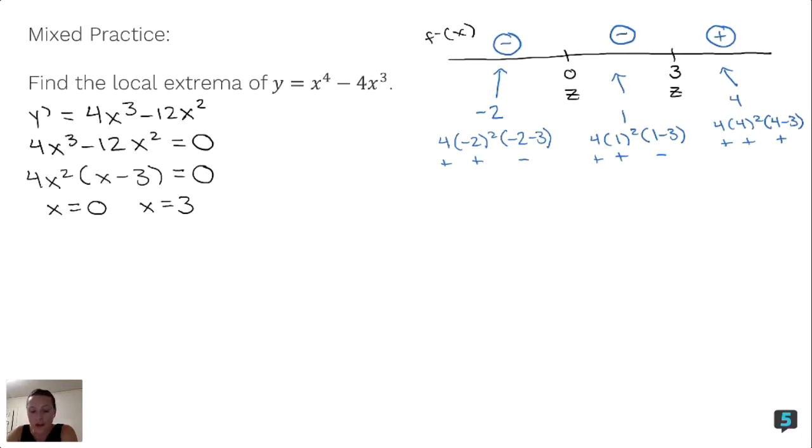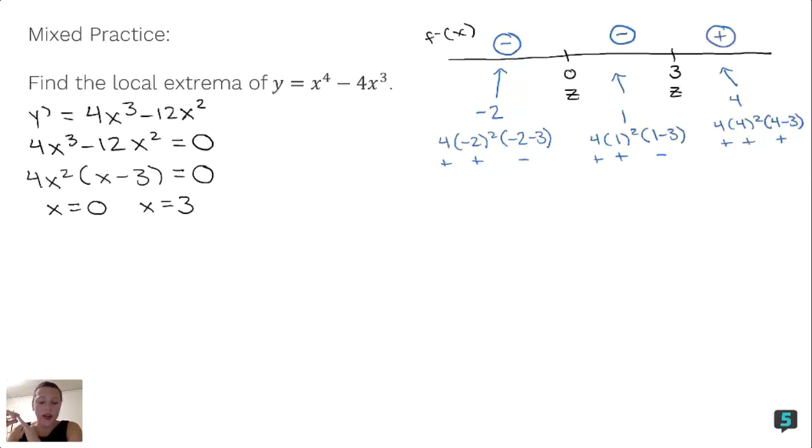Okay, so let's talk about what we know now. We know that f prime of x is negative from negative infinity to 0, union 0 to 3. We know that f prime of x is positive from 3 to infinity.